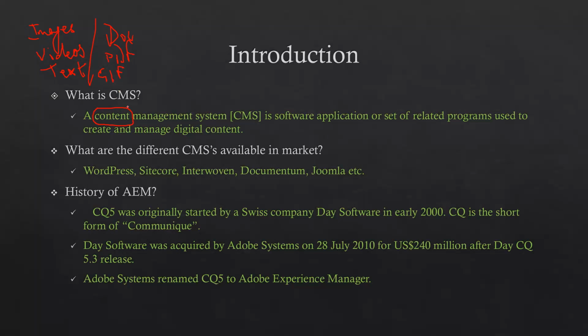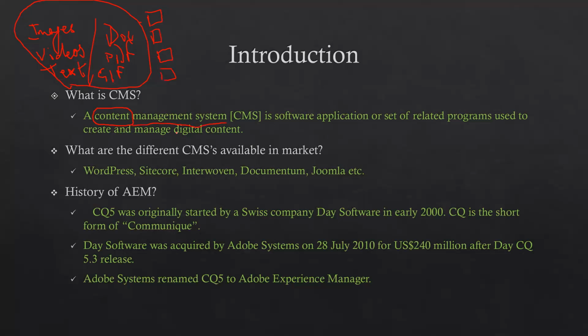And any system that helps you manage this entire set of content will be called a content management system. Obviously, if it's a management system, then it is going to have n number of small applications inside this, which will do certain tasks for us.